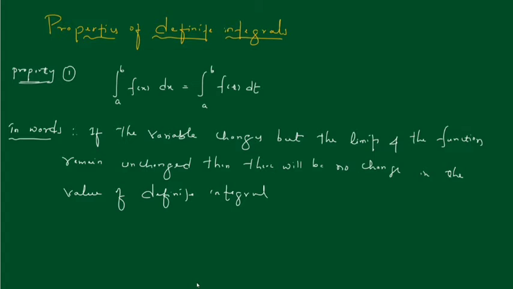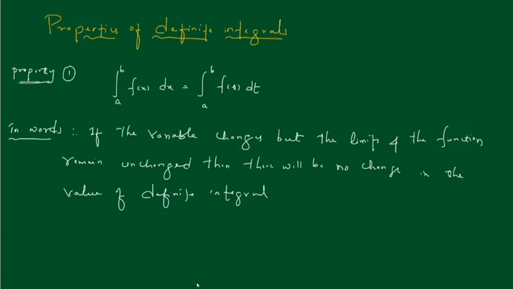What we have, integration a to b f of x dx, is equal to integration a to b, where the variable x can be converted into t, with dx in the LHS and dt in the RHS. So if the variable changes but the limit and the function remain unchanged, then there will be no change in the value of the definite integral.